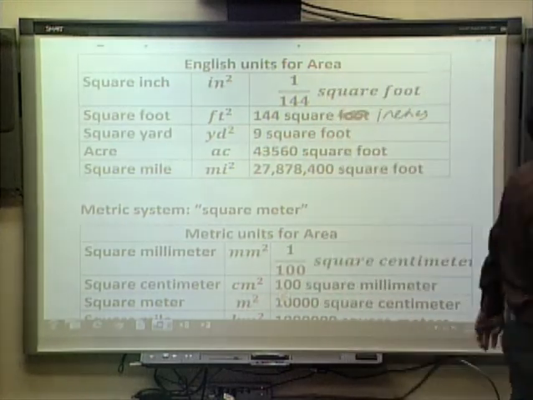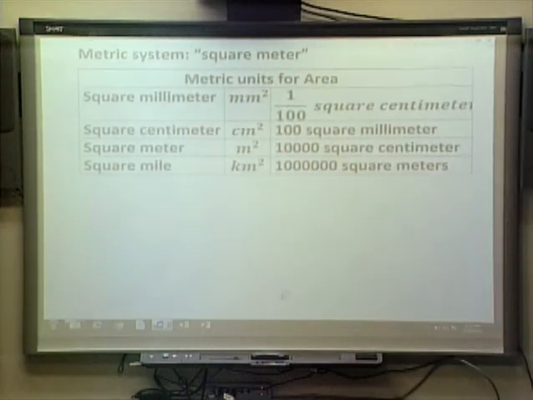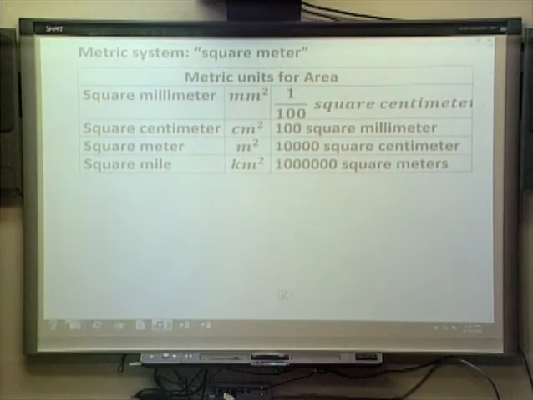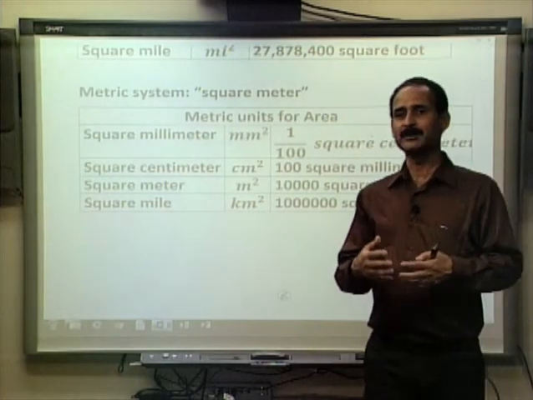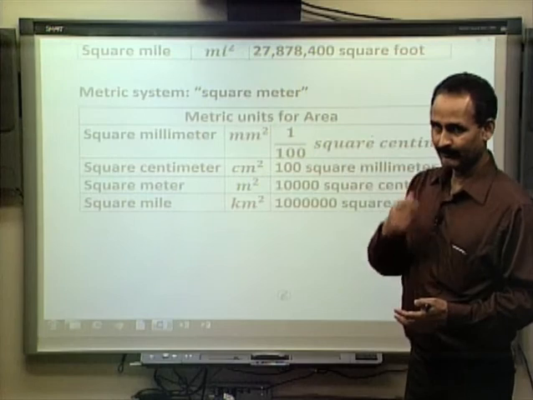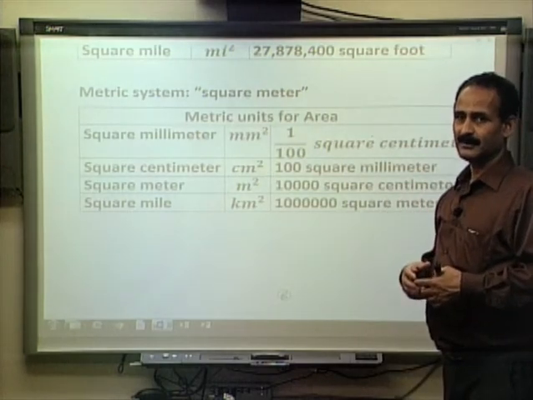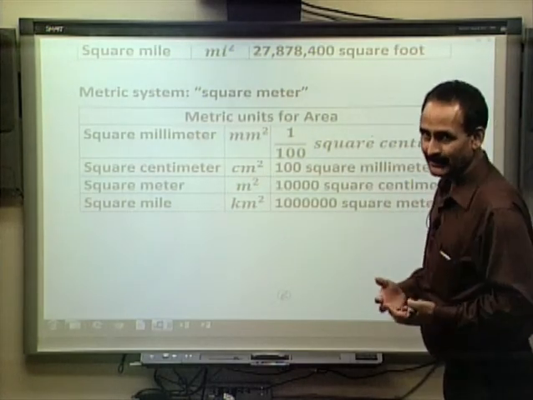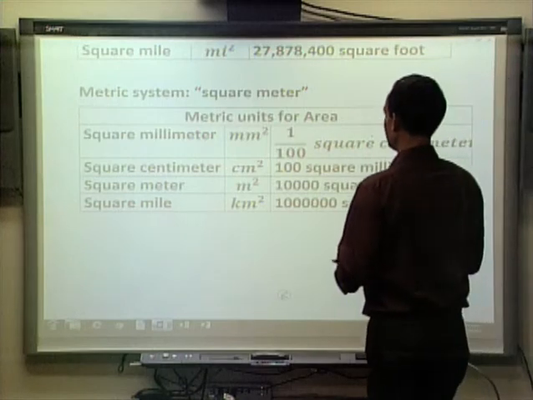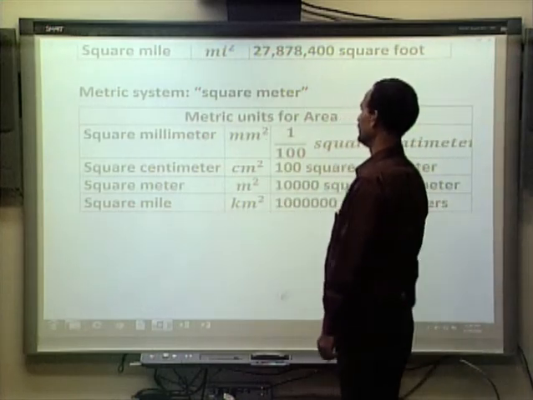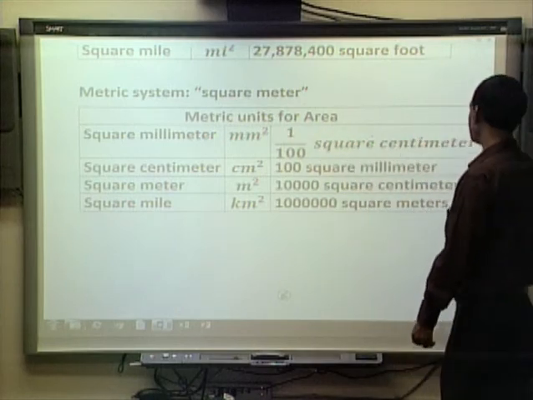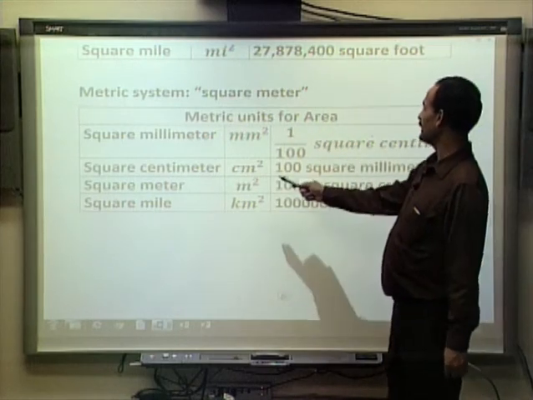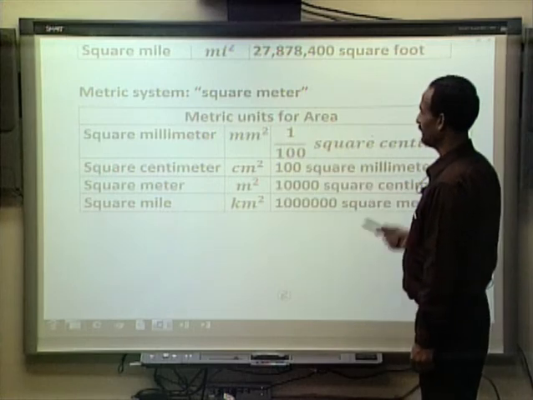Now let us look at the metric one. Metric is easy. In the metric system the basic unit will be square meter. Square millimeter is 1 over 100 of square centimeter. Square centimeter is 100 square millimeter.